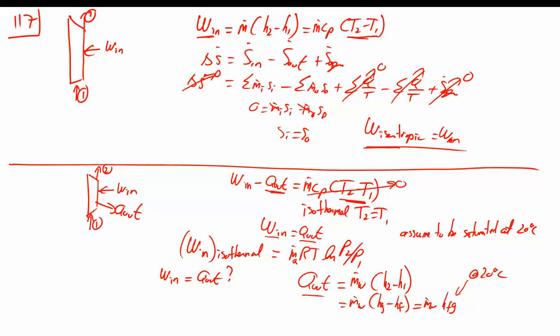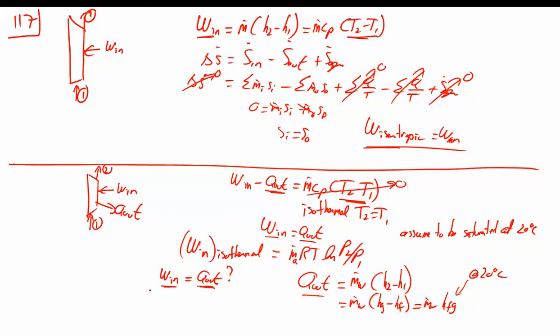Are they going to be exactly equal? No. But is it true that I have enough Q being taken out to equate it to be at least work in? In other words, if Q out is equal to or greater than work in, that means I am removing enough heat to make this process isothermal, basically resulting in the case being true that I'm actually able to remove heat from the compressor by throwing in a spray of air or a spray of water.